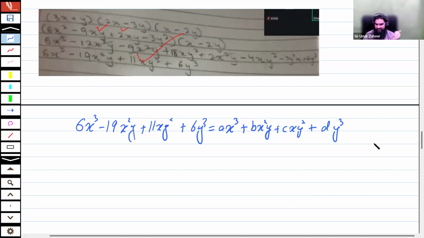The question is we need to find the value of a, b, and c. If we compare the coefficient of x cube, I'm going to get that a is equal to 6. If I make a comparison between the x square y, I'm going to get that b is equal to minus 19.